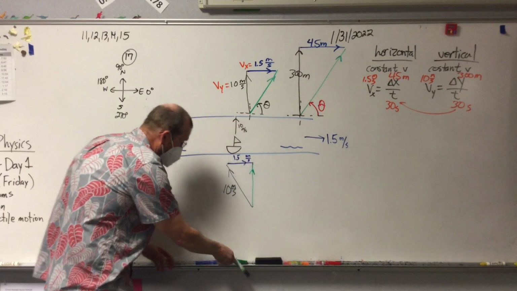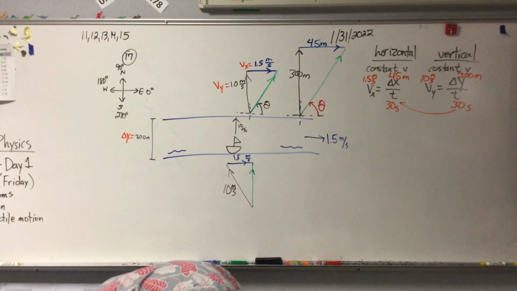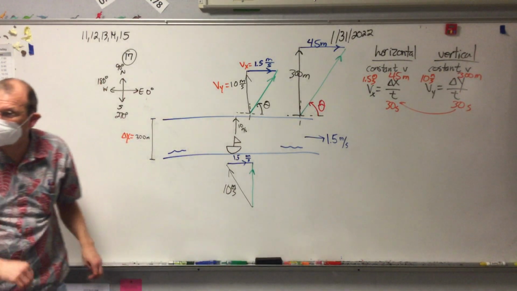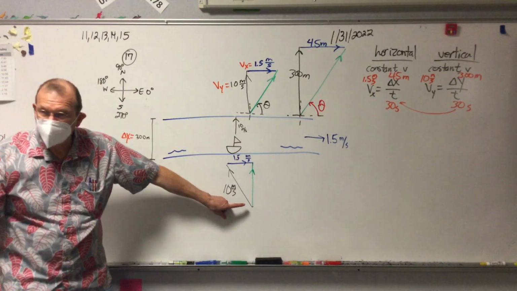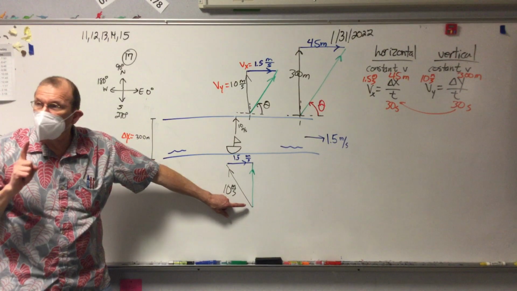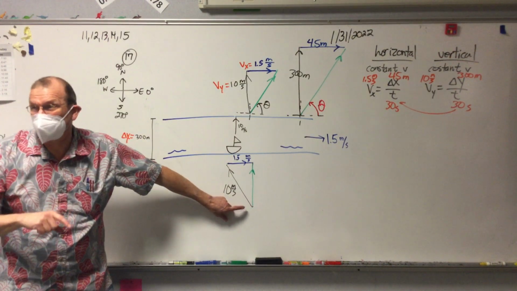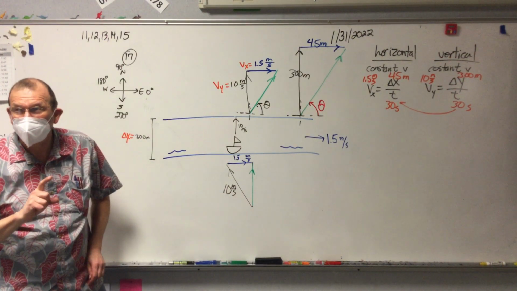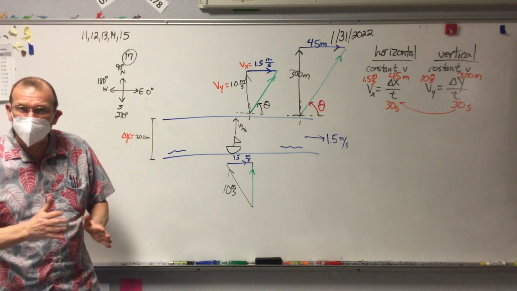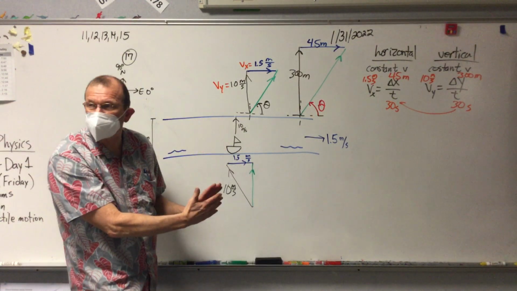Okay. So here is the deal. Now let me ask this: why does the 10 have to go here? Because that's how fast the boat's moving. Correct. Because now the boat captain has said, "Hey, I want to go straight across."